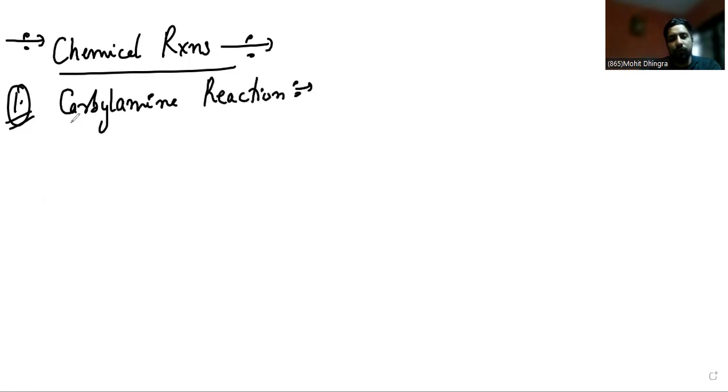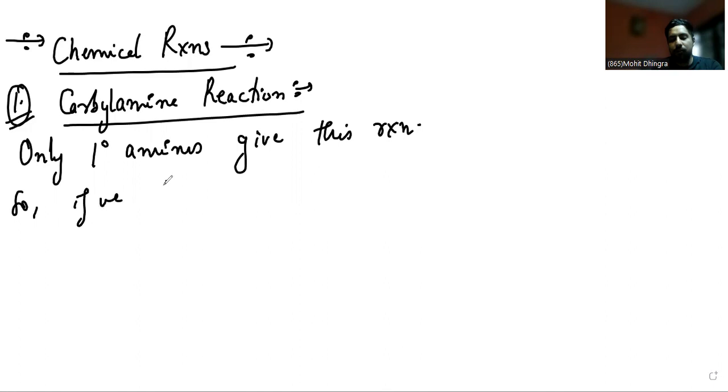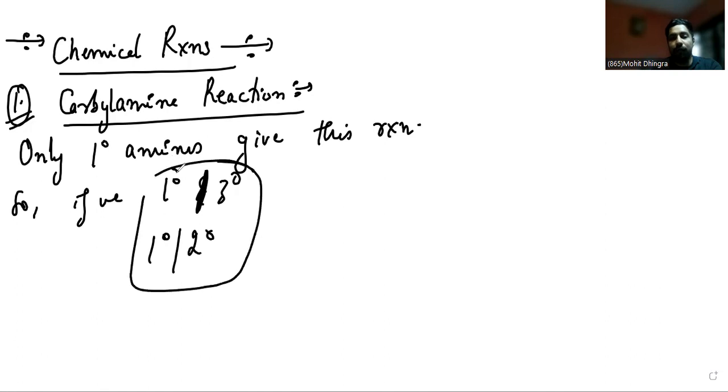The first reaction, which is an important chemical reaction, this Carbylamine reaction, only primary amines give this reaction. Only primary amines give this reaction. So if we have, let's suppose, primary or tertiary, or primary or secondary, and between those we have to distinguish which one is primary, we can use this reaction.